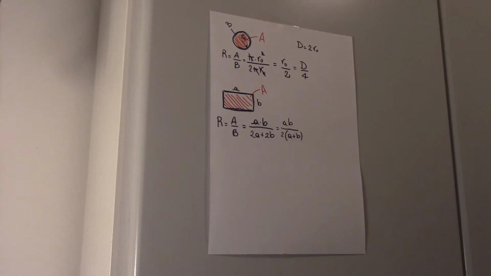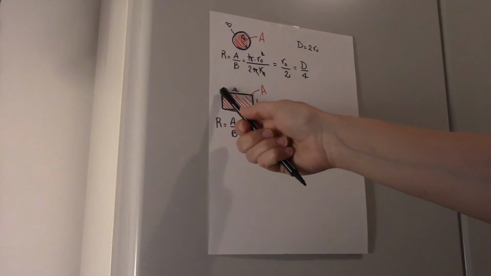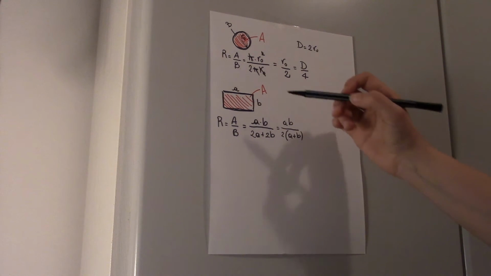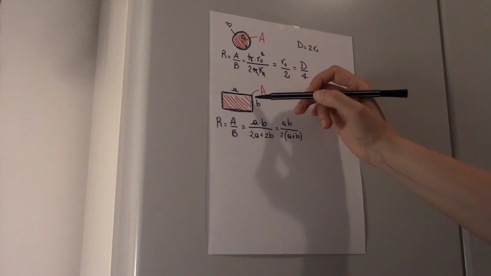Sometimes it happens, if you're talking about open channels or large rivers, that your A, which is the length of your cross-section area, is much higher than its width.